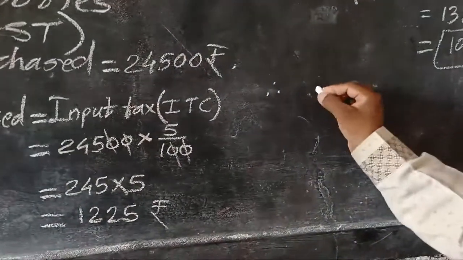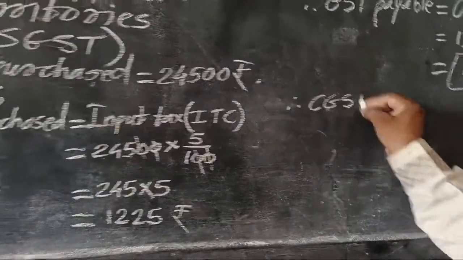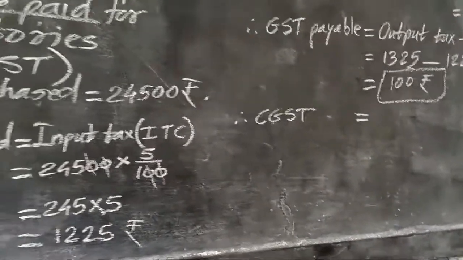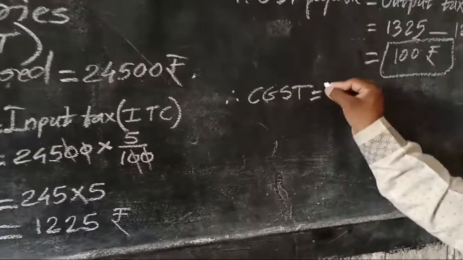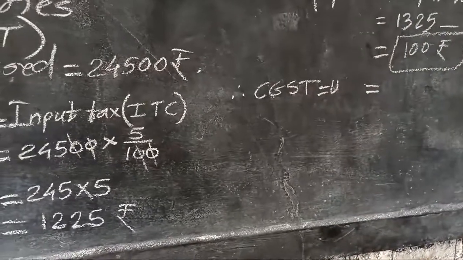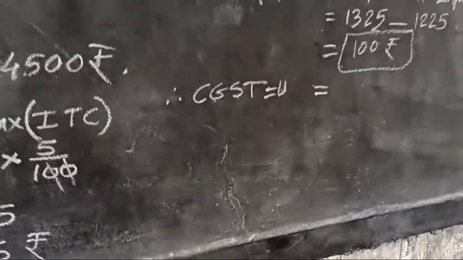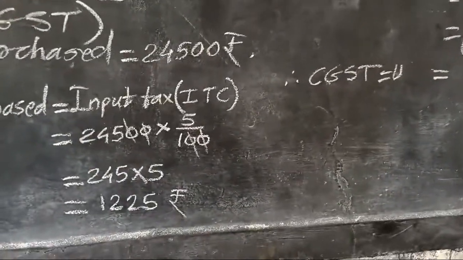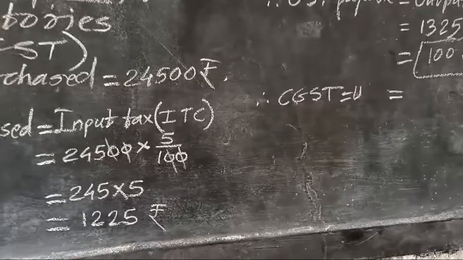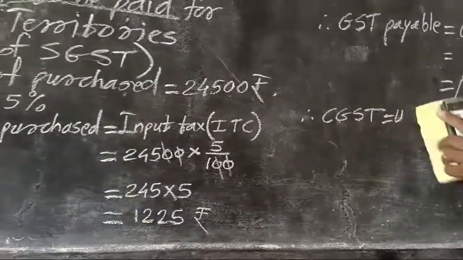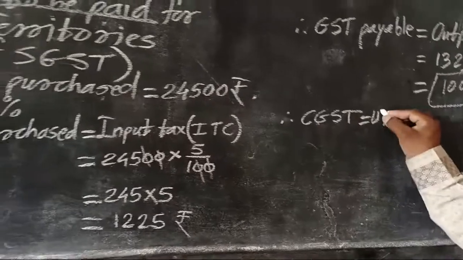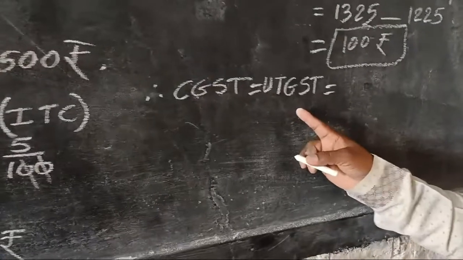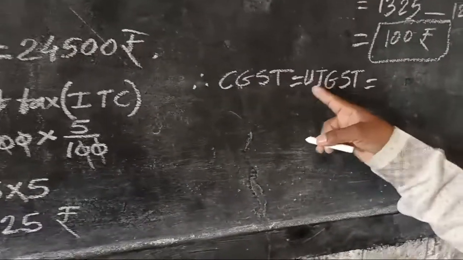Therefore, CGST and UTGST are similar. We write here CGST is equal to UTGST. Actually, we write here SGST, but in place of SGST, the question asks for UTGST.